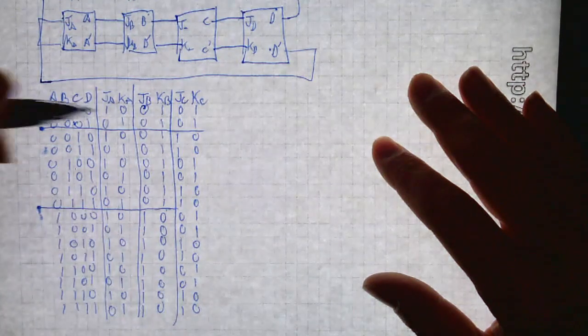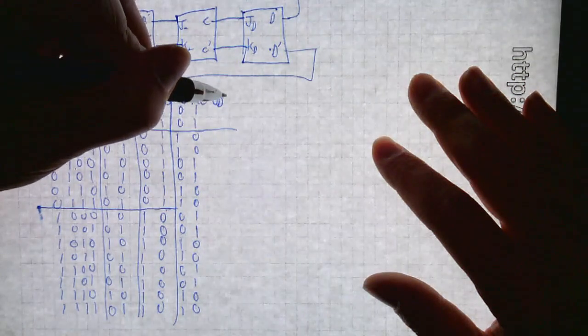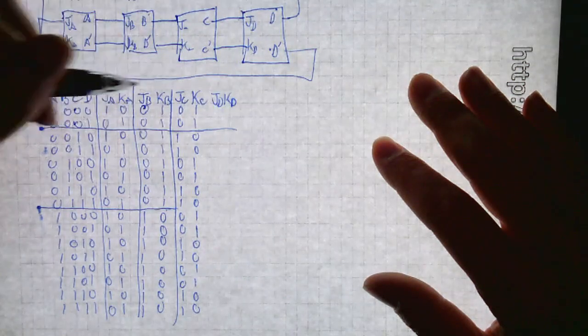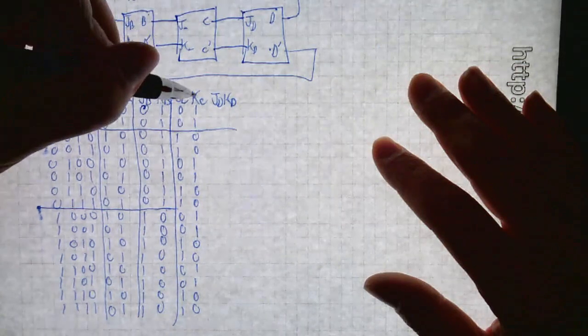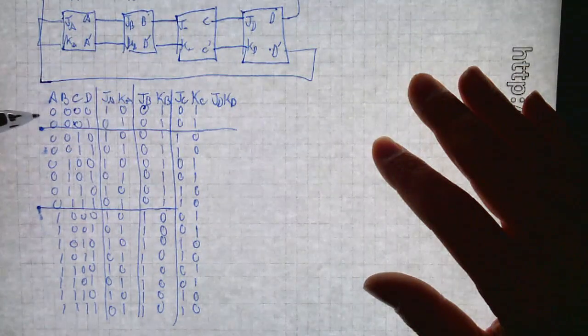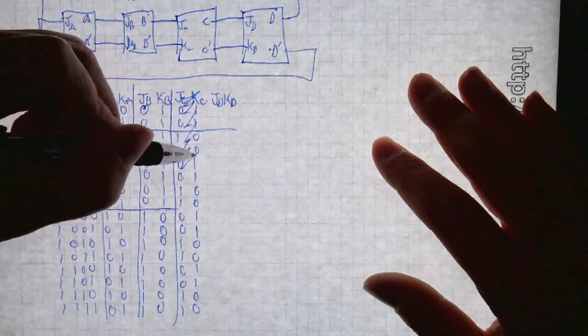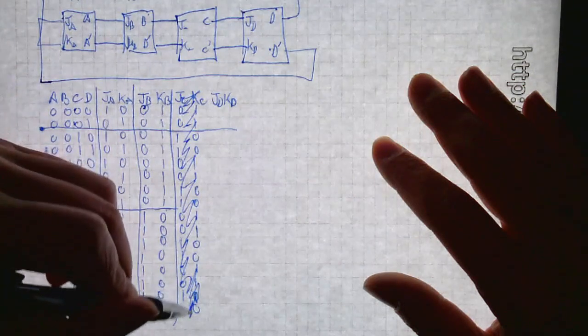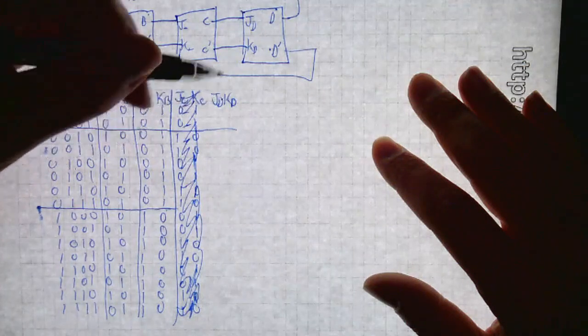So, now let's do the next bit. JC is equal to B. Yes, it is. What did I write? Oh, crap. Oh, no. I have a blemish in my presentation. Oh, that's very bad. If I had my little iPad eraser, I could probably erase it. Let's do this again.